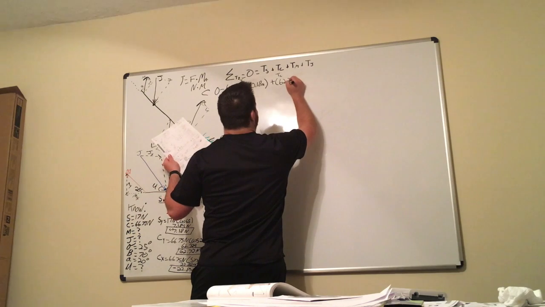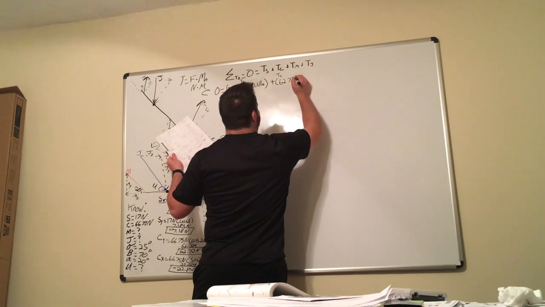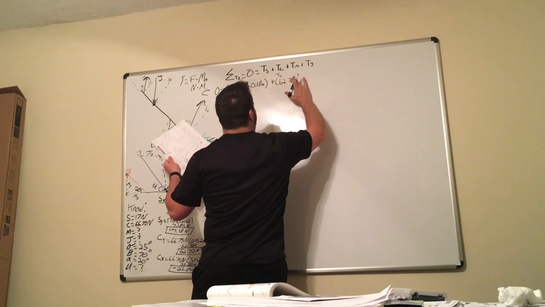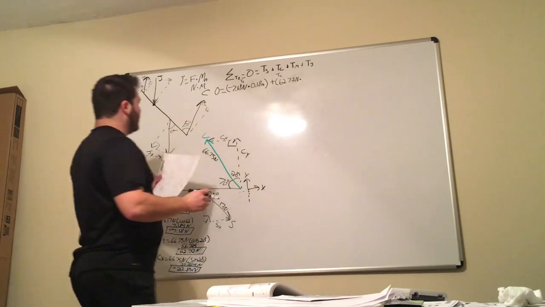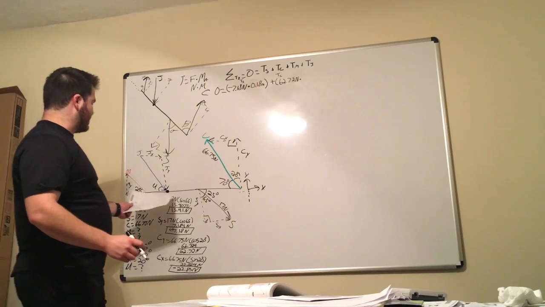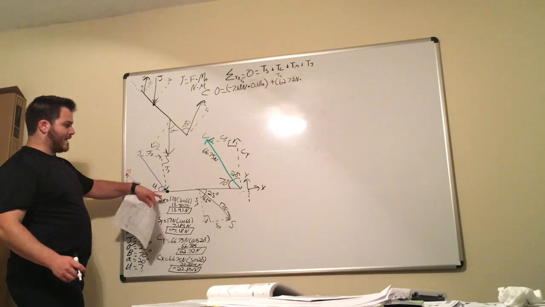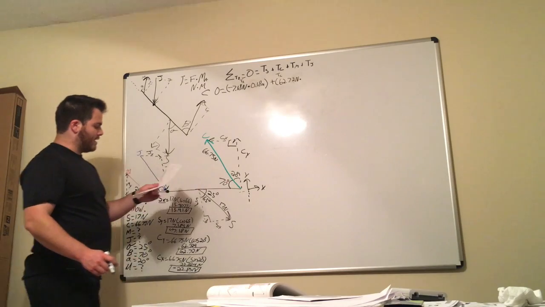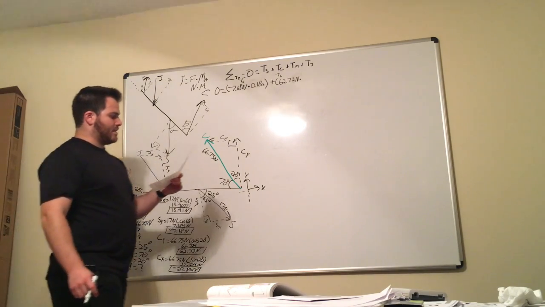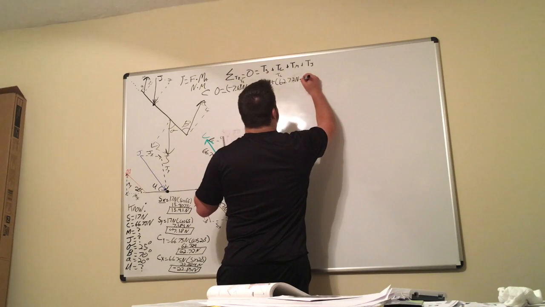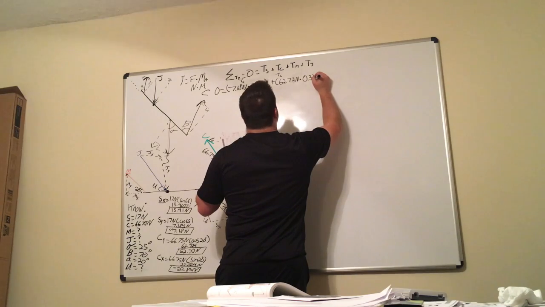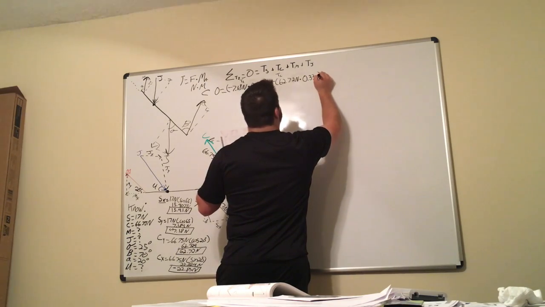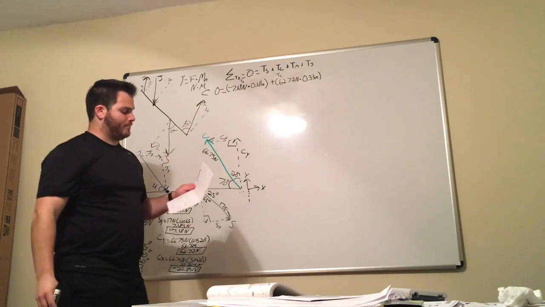Wow, that's much. 62.72 newtons times our distance, and our distance from our joint that we established to C is 0.33 meters. And that's our torque at C.